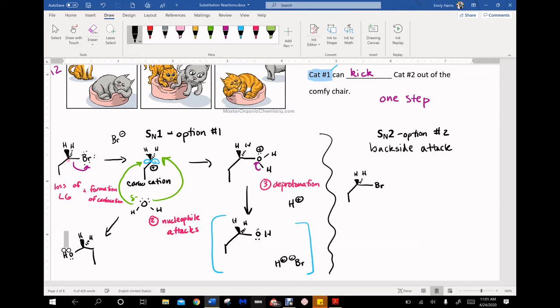But we're going to use a slightly different nucleophile this time. We're going to use a nitrile group, which has a carbon triple bonded to a nitrogen with a nice full negative charge there. Okay, so now what's going to happen is kind of all in one step, the nitrile group will attack this back carbon at the same time that the bromine is leaving, okay?